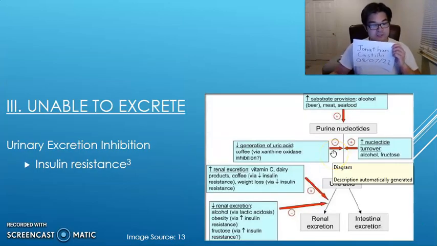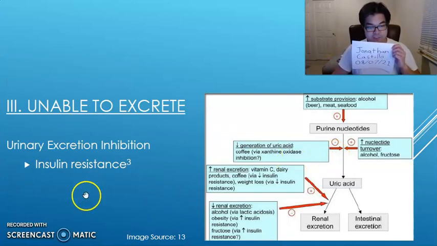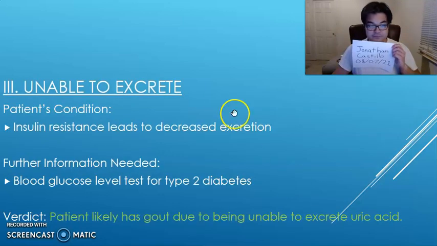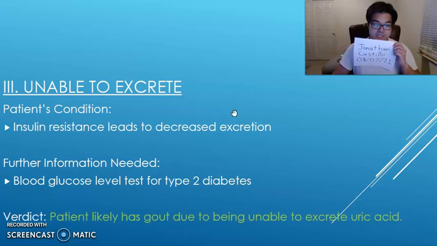What would likely occur through the continual ingestion of large amounts of fructose is insulin resistance, which is what causes the decreased excretion of uric acid. Though it is likely that the patient has type 2 diabetes, a blood glucose level test should be done to determine if the patient is diabetic. Overall, decreased urinary excretion of uric acid is the best explanation for the patient's condition.